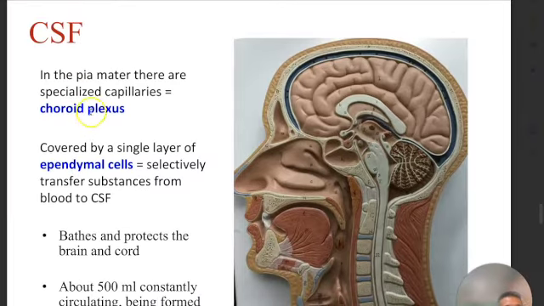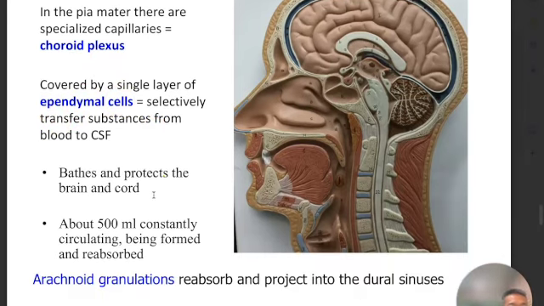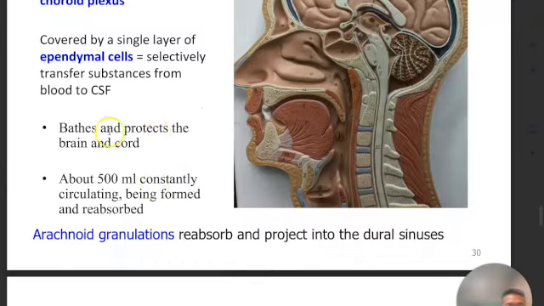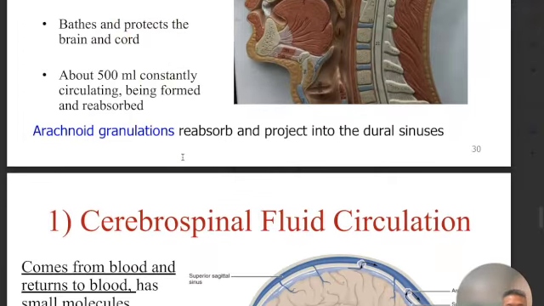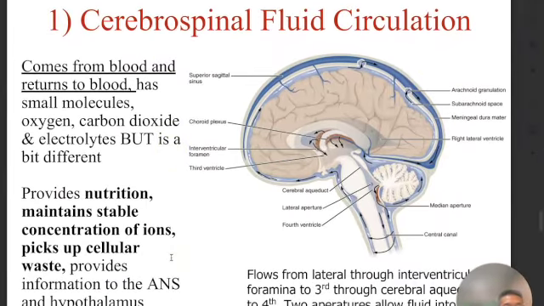CSF, choroid plexus. Remember choroid plexus? We saw those earlier. And the ependymal cells, that's what makes them. It bathes and protects the brain and cord. Cerebrospinal circulation.